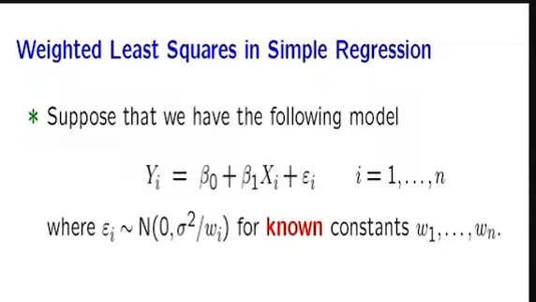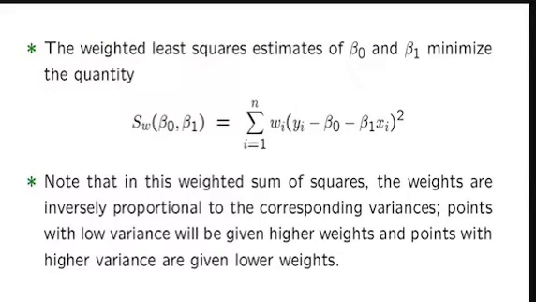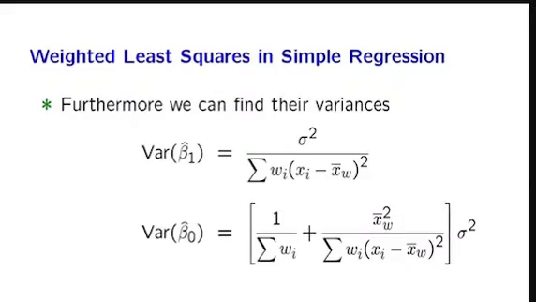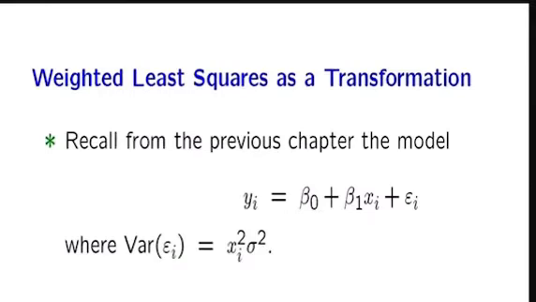Sigma squared divided by W. If I want to take the observation into consideration, I'm going to have the variance of error equal to x_i squared sigma squared. What does that mean? It means a particular observation has its own weight. That's why you see x_i squared.